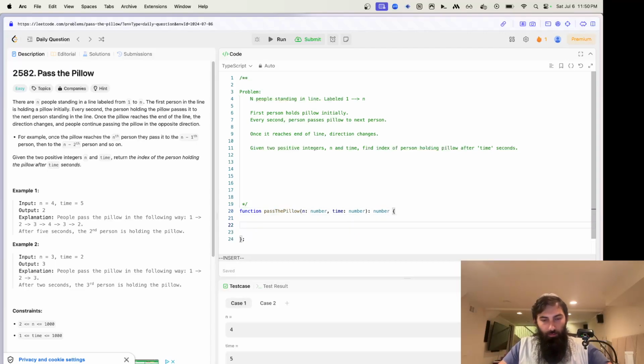So let remaining, or let functional without repeat. So it's going to be t mod 2 times n minus 1.